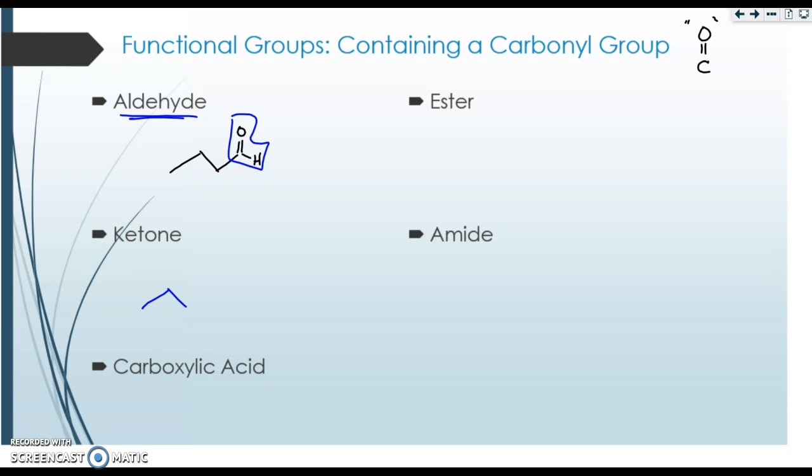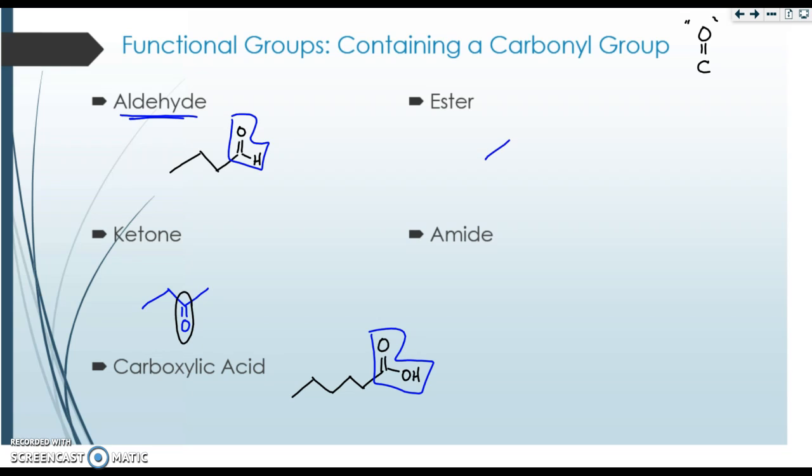A ketone is an O double bond C, and on either side of it are other C's, so you would circle that and say that it was a ketone. A carboxylic acid really doesn't matter how many additional carbons I add to my chain, but a carboxylic acid is the O that's double bonded and then connected to an OH.